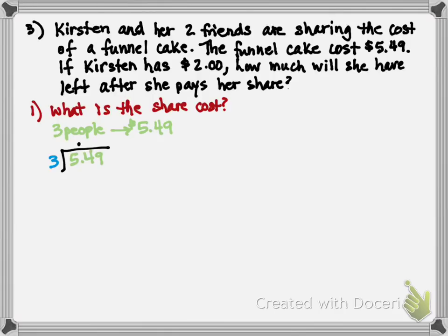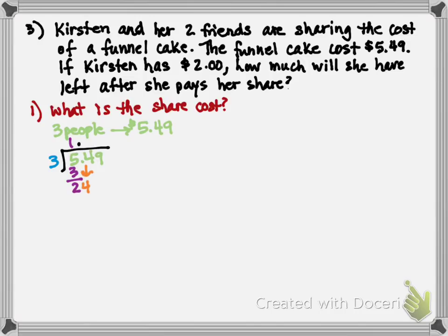And let's see, does 3 go into 5? Yep, it does. It goes in 1 time. And we get 3, and we have a difference of 2. So already I can tell Kirsten's getting some money back because it's going to be less than $2 for each person. Okay, so since 3 is greater than 2, let's go ahead and bring down the next digit, 4.